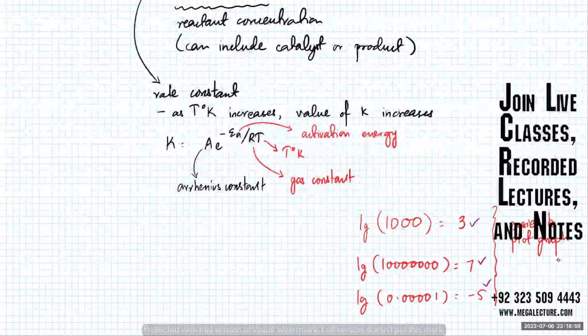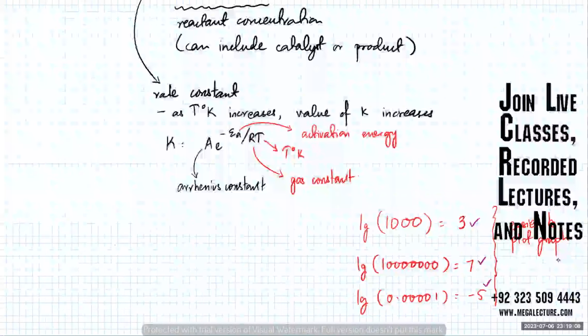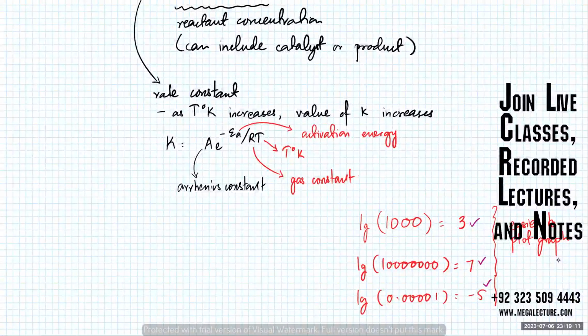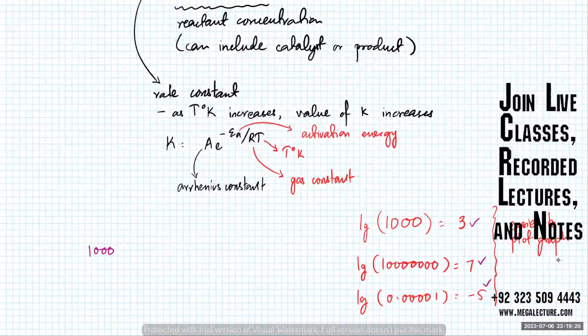Yeah, that's clear. So then there's another property of log. I've got these numbers, and let's say they're getting multiplied. For example, I'm multiplying 1,000 with this other number, the 10 power 7 one. So I'm multiplying the two numbers, so I'm going to get an even bigger number.